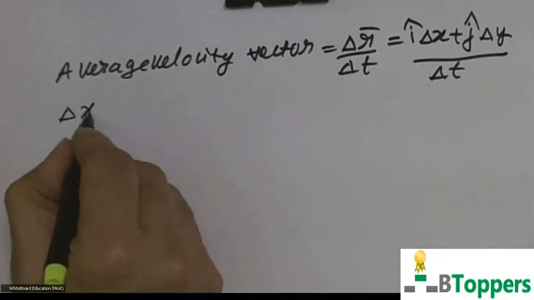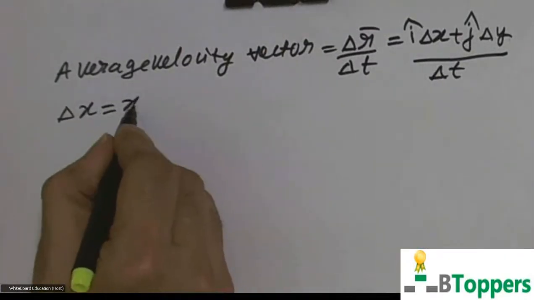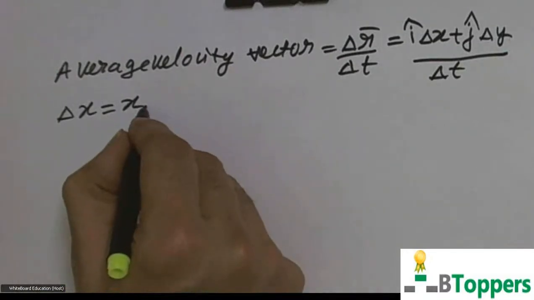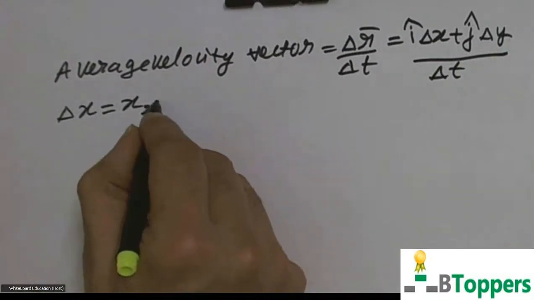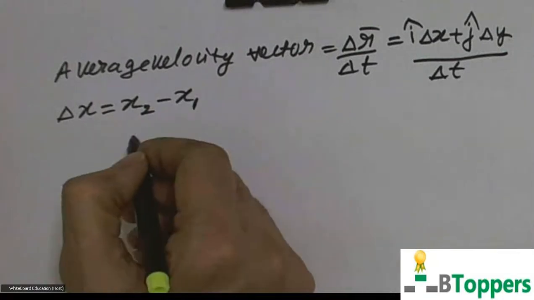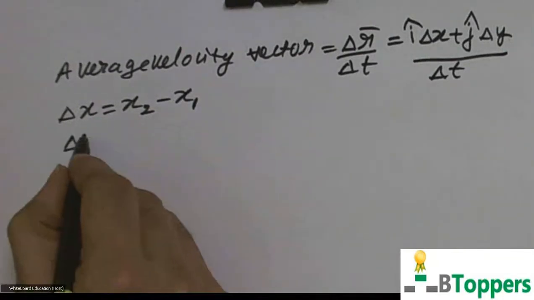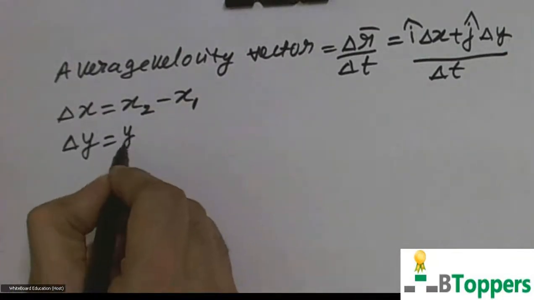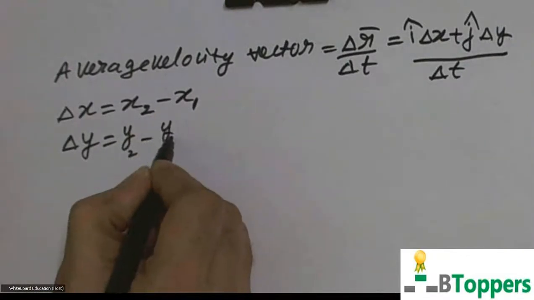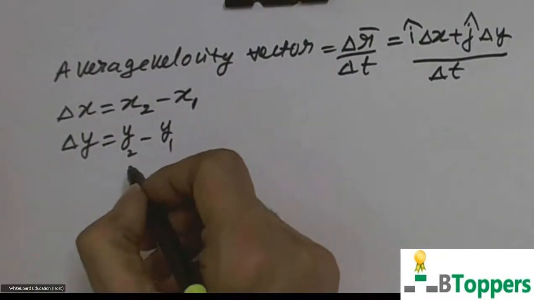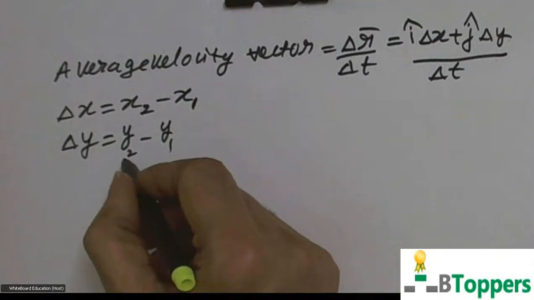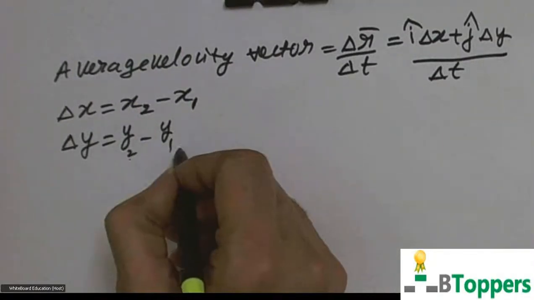Here delta x is the difference between the x coordinate at the final position minus the x coordinate at the initial position. Delta y is the difference between the y coordinate at the instant t equal to t2 and the y coordinate at the instant t equal to t1.